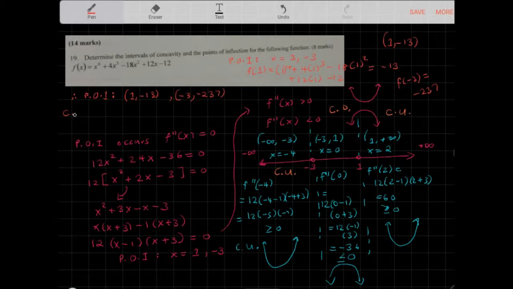The intervals for concave up are going to be x belongs to negative infinity to negative 3, union 1 to positive infinity. And the interval for concave down is x belongs to negative 3 to 1. Okay, so that's basically it. That's our answer.